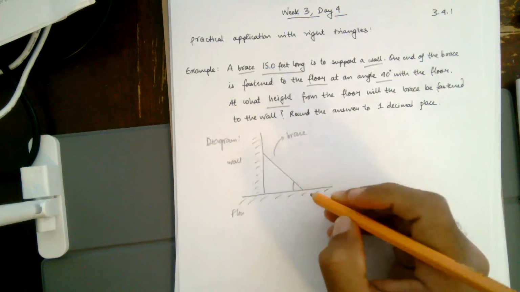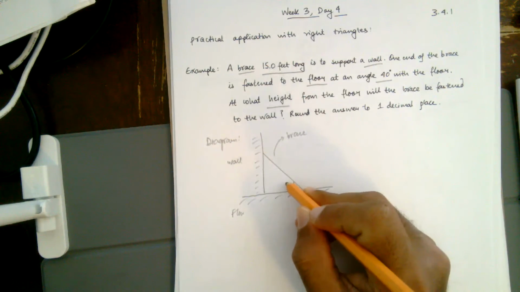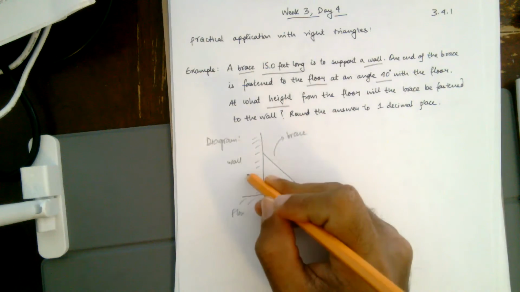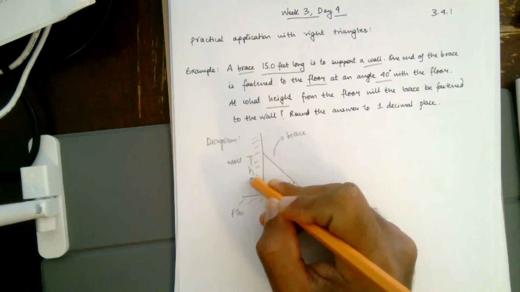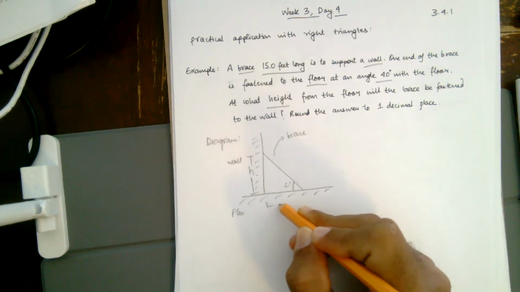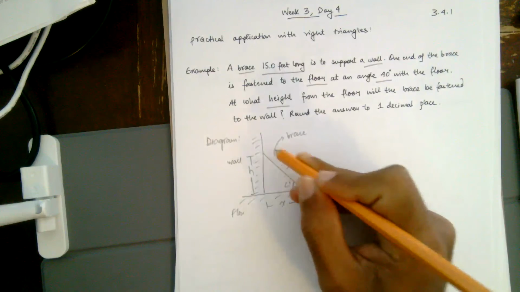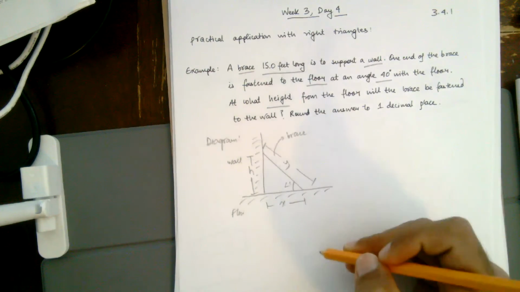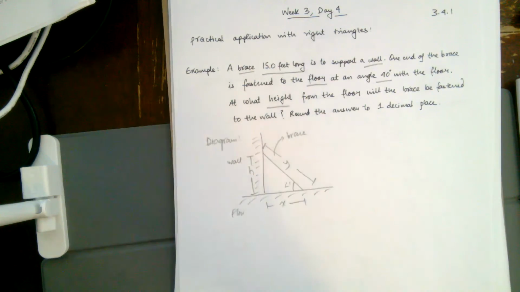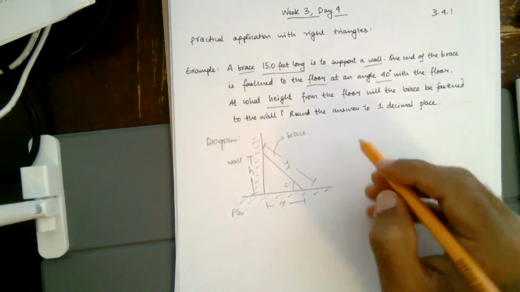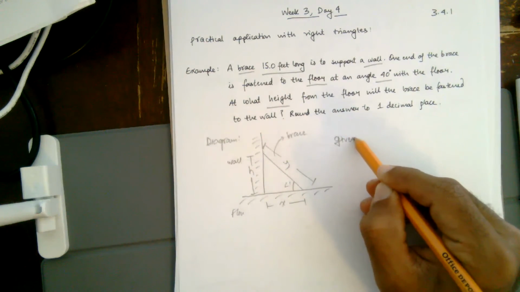Let's call this angle 1, let's call this H, let's call this X, let's call this Y. Now we may not be using all of these sides, but it's good to label all the unknowns. And then we start by the procedure that we learned last week.